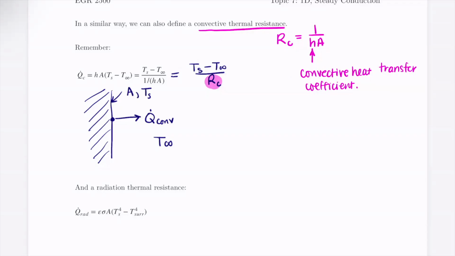This is the same thing as writing our circuit like so. So we have T infinity over here, and then our surface temperature here. And then this is our RC, where our Q dot for convection is Ts minus T infinity divided by RC. Again, RC is just this 1 over HA. Okay?